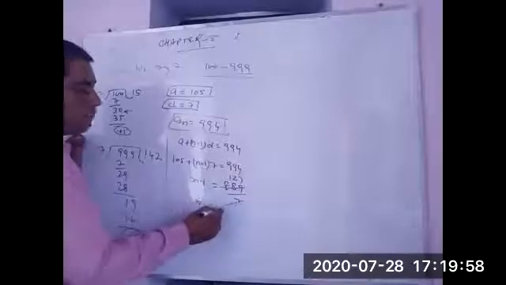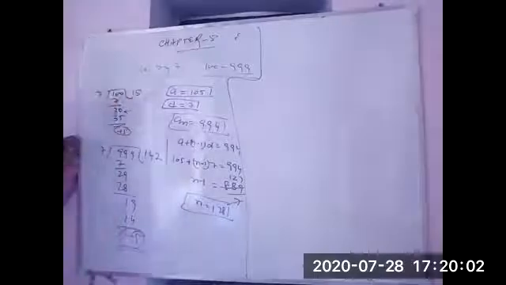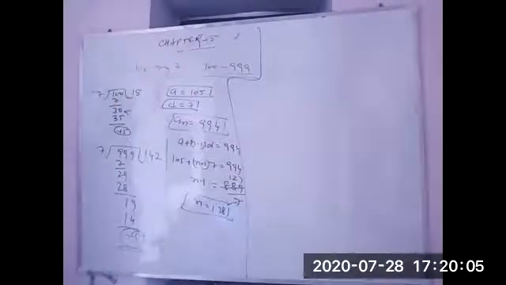So n value comes to 128. So there are a total of 128 numbers which are divisible by 7. Okay, it will be easy for you now.